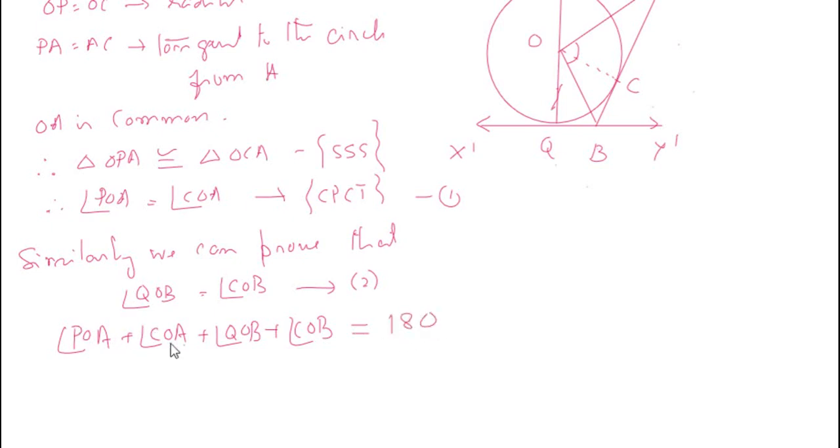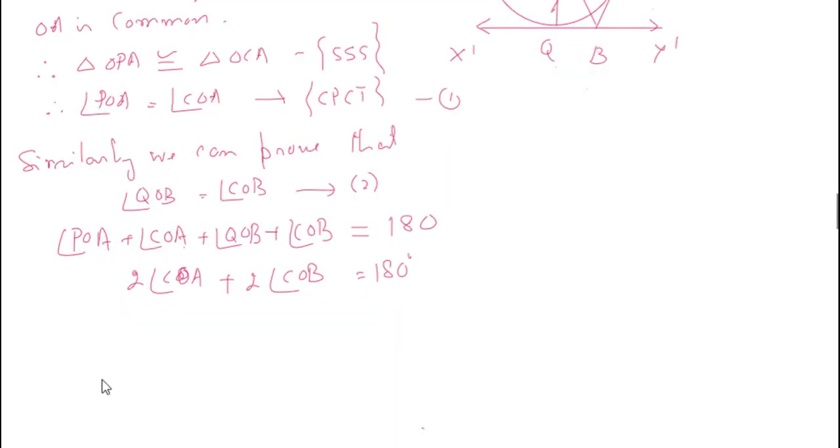Now POA and COA are equal, so instead of POA, I will write COA. And instead of QOB, I will write COB. So it will become 2 times COA plus 2 times COB equals 180 degrees.